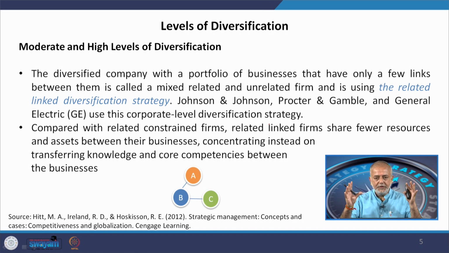You may choose to look at the examples right now in front of you, and you would realize that, for example, electrical appliances companies, electronics companies, white goods companies, compressor based organizations which produce refrigerators. Compression technology is the same, so it can be used for developing smaller compressors and larger compressors, refrigerator compressors and air conditioning compressors, and several other things.